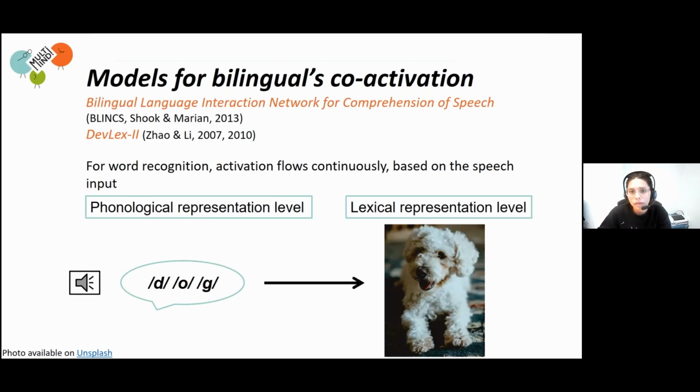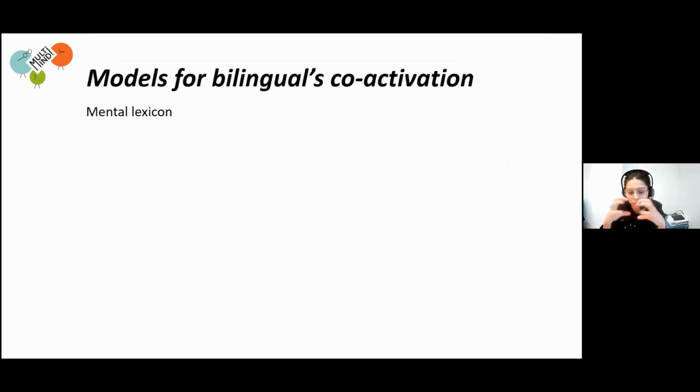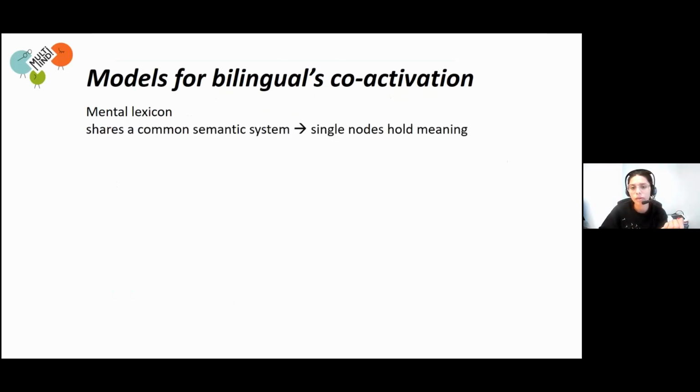According to these models, the bilingual mental lexicon, or the words that compose the lexicon of a bilingual, is organized based on a common semantic system, such that for each meaning or concept we have a single node that holds this information.